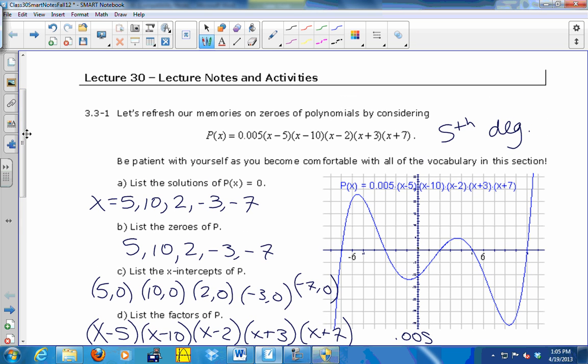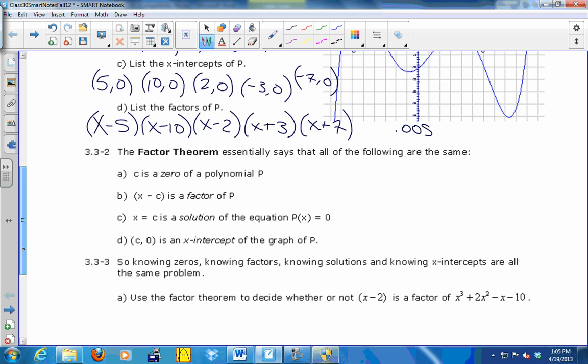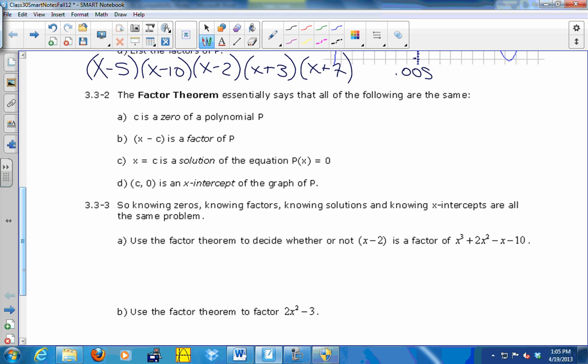This is what you were given. The factor theorem essentially says that all of these 4 things are the same. Being a 0, being a factor, being a solution, and being an x-intercept are all almost exactly the same thing. If you know one of them, you know all of them.